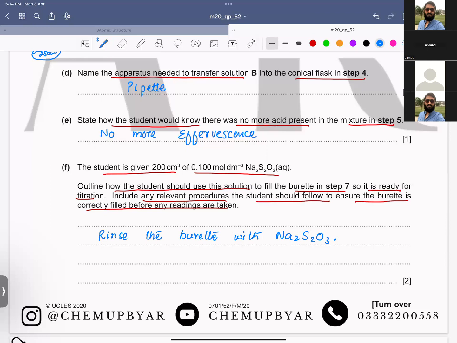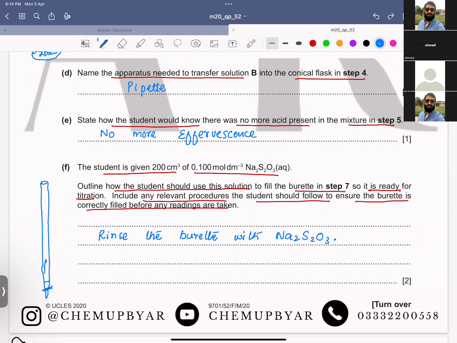And while rinsing, this is the burette. Here we have a tap. So we fill some amount over here, we shake it and remove it by tilting it. When you are rinsing it, this tap must be opened, so it could be rinsed from this side of the burette.